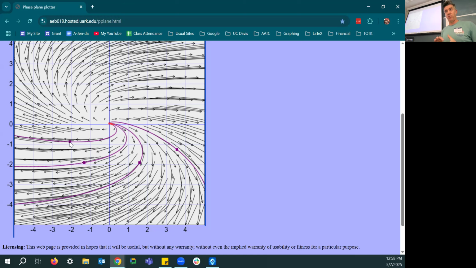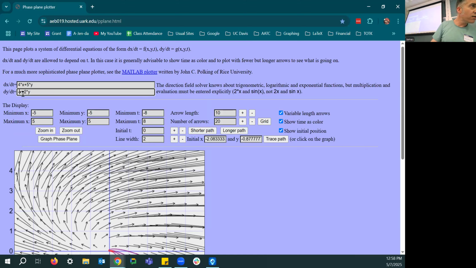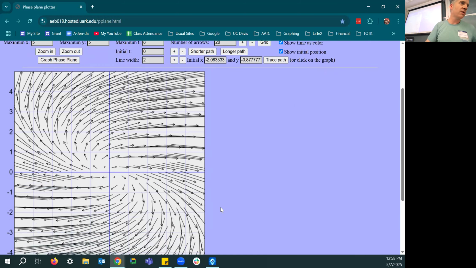Other ones are not super spirally looking from the get-go. Let me check one thing here. No, it's the same. Okay. So even though it doesn't look super spirally, it is a spiral. You just have to go out further to see it start to make that turn.